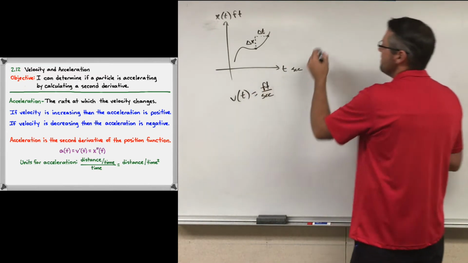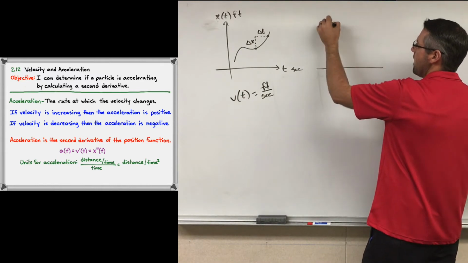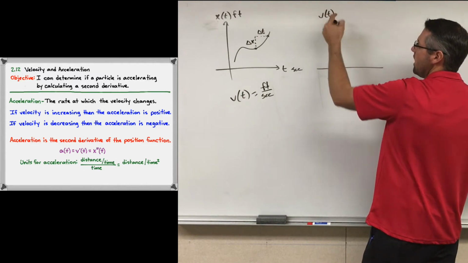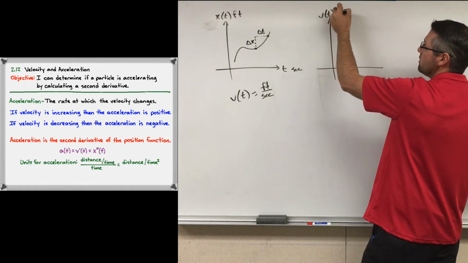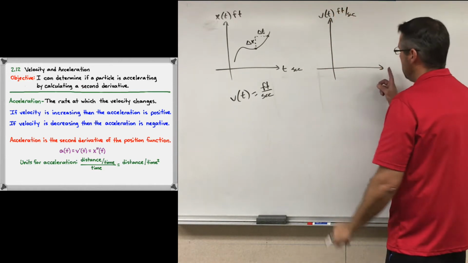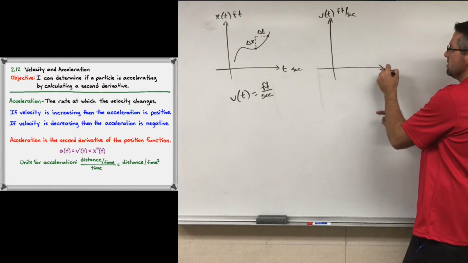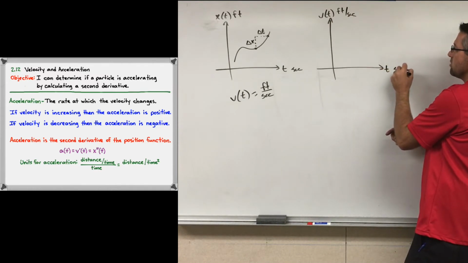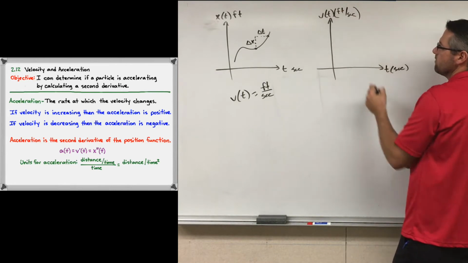We know that. But now let's look at the velocity graph. If I look at the velocity graph, not the position graph, we already know that the units of velocity are feet per second. And our independent variable is still time, and so the units on that are still seconds, okay?